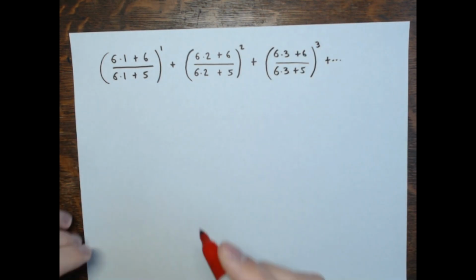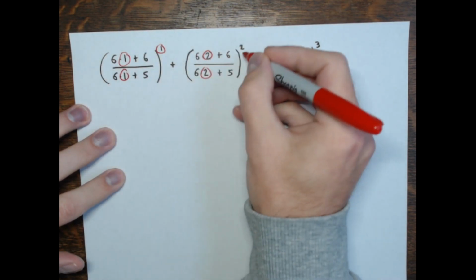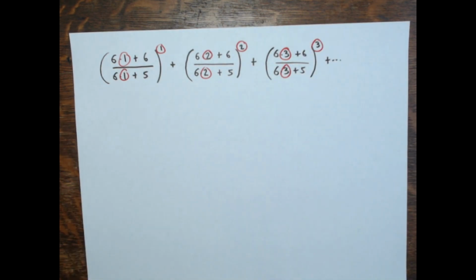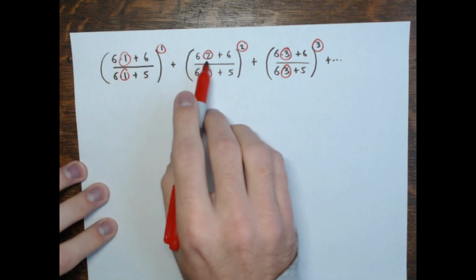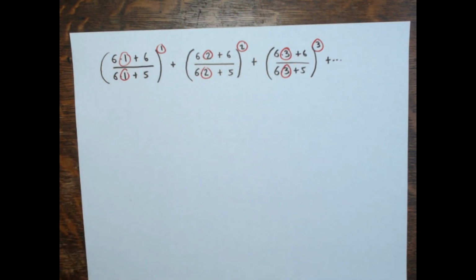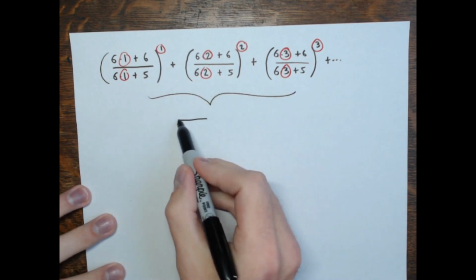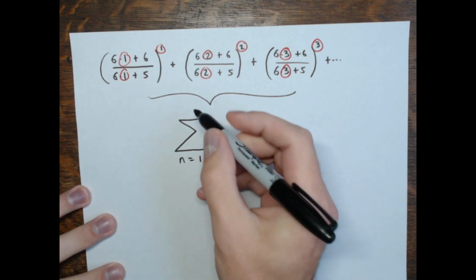So look at the value that keeps increasing by 1. It's this value here, right? These keep increasing. The rest of it doesn't change at all. You have the 6 and then the plus 6, 6, and the plus 5, and all these terms. So if I write this in summation notation, I'll start from n equals 1.